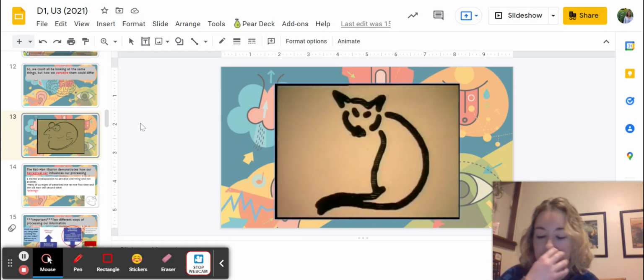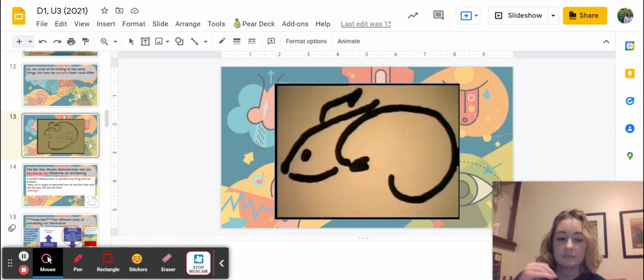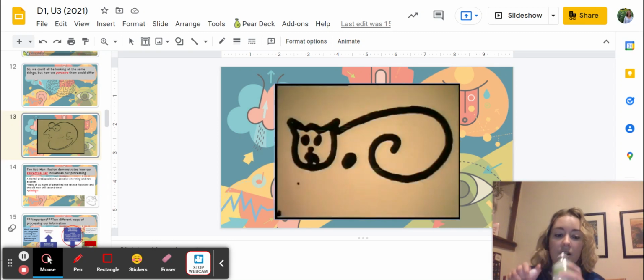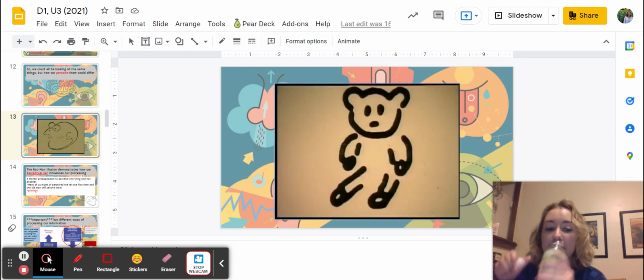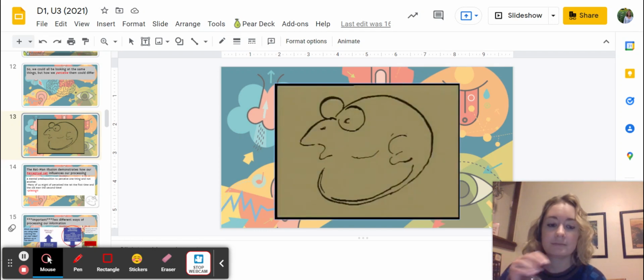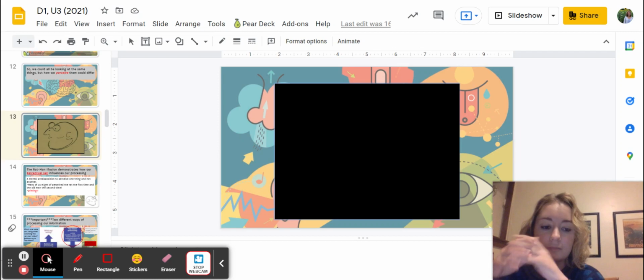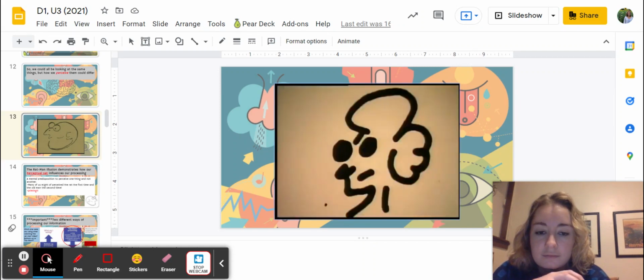Then there's the Ratman illusion. Try to identify each drawing as soon as you see it. Now, identify this one. Let's try another sequence. Again, identify each drawing as soon as you see it.